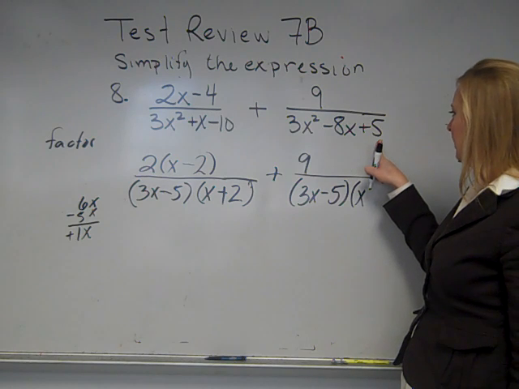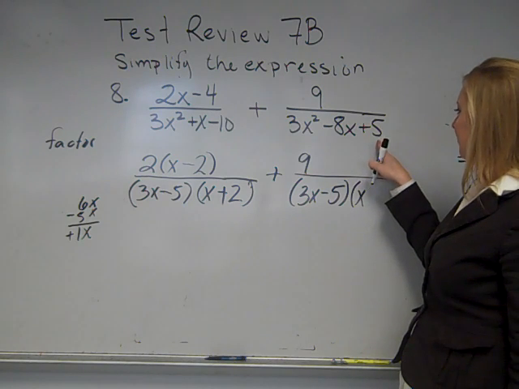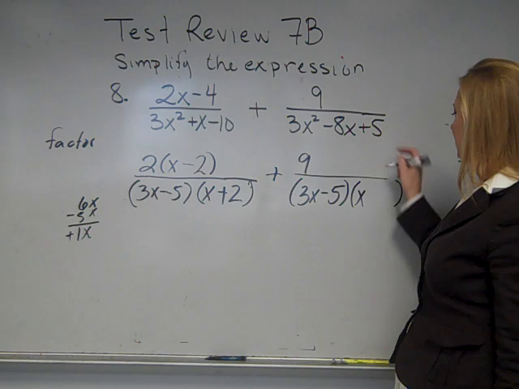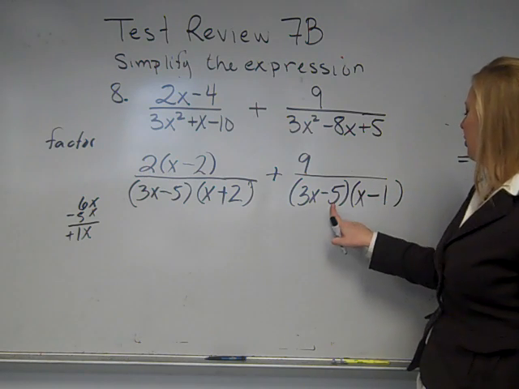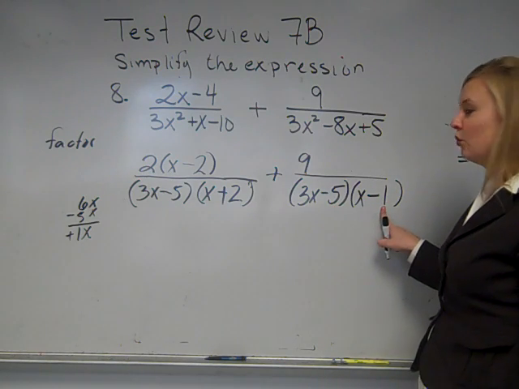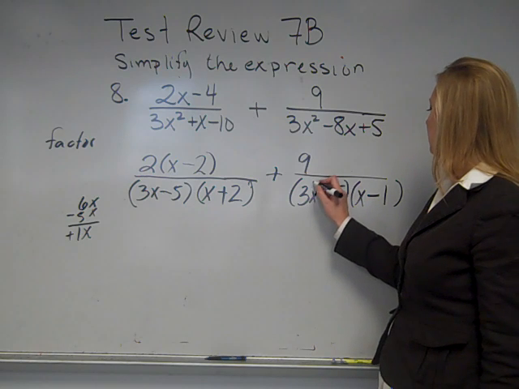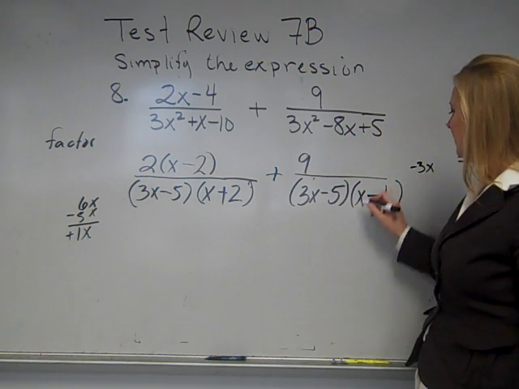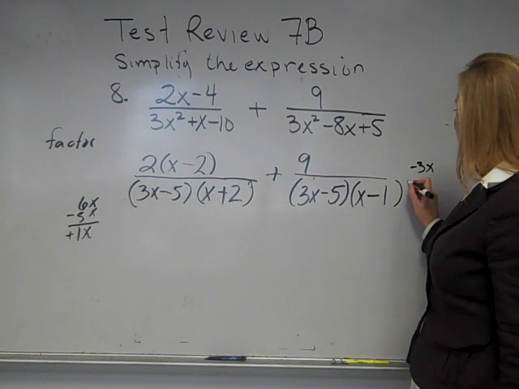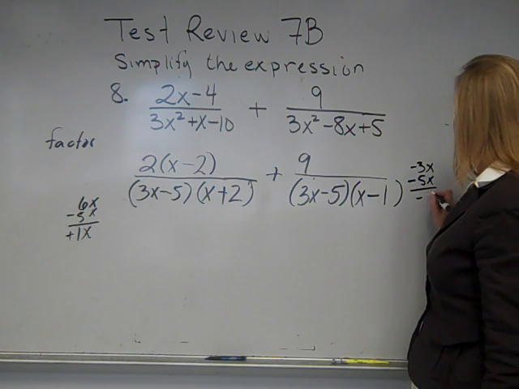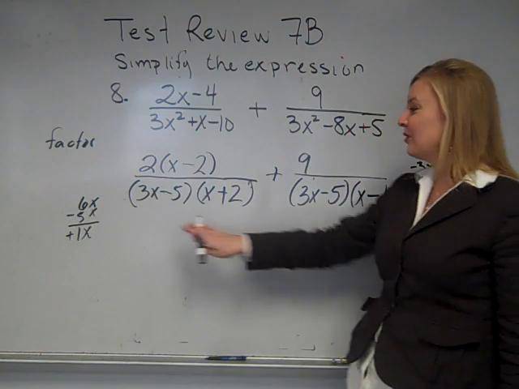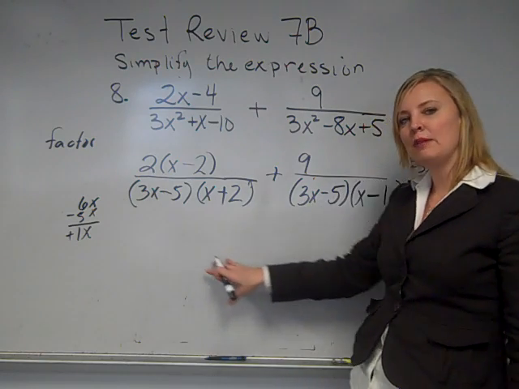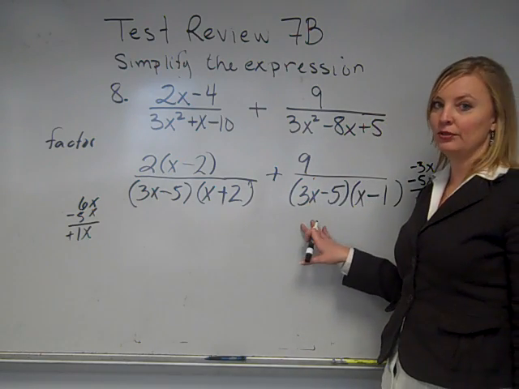I could have a positive 5 if I multiplied a negative times a negative, and I've already put a 5 here, so let's try negative 1. 3 times negative 1 is negative 3x. 5 times x is 5x. So it turns out using this to see if it would be a good guess worked out.